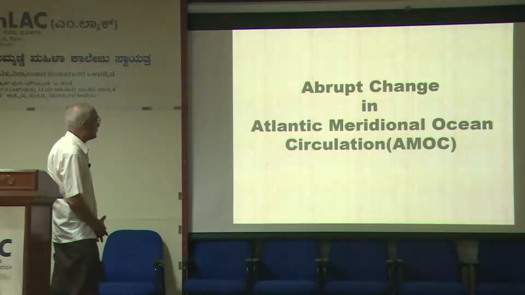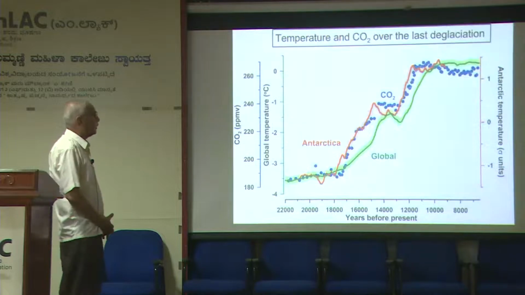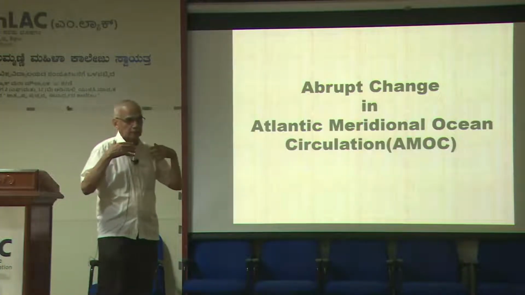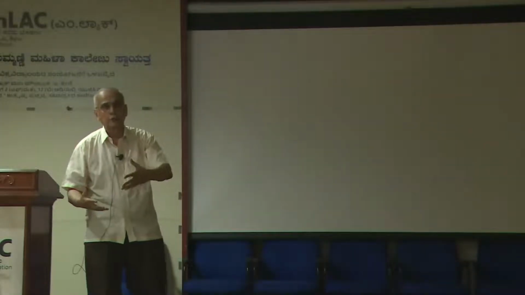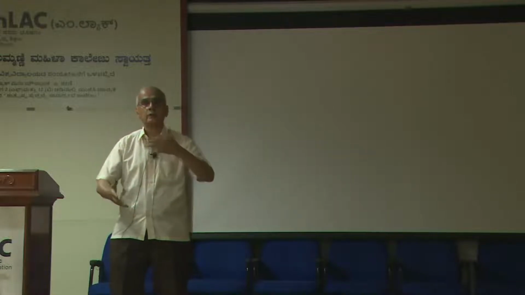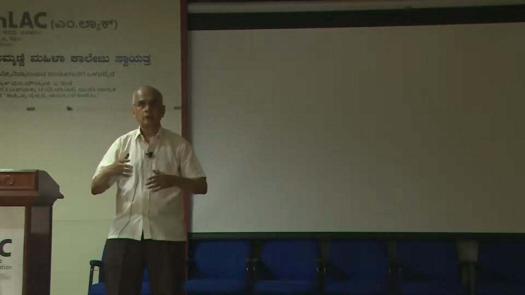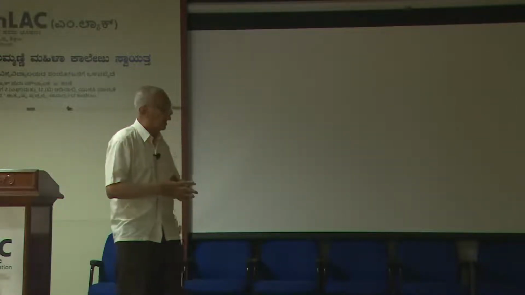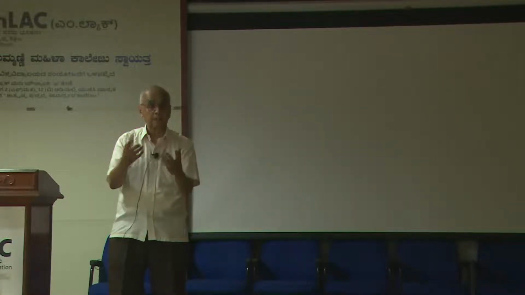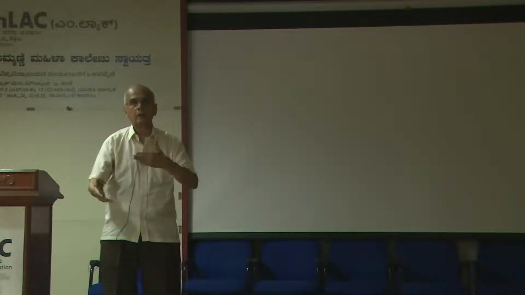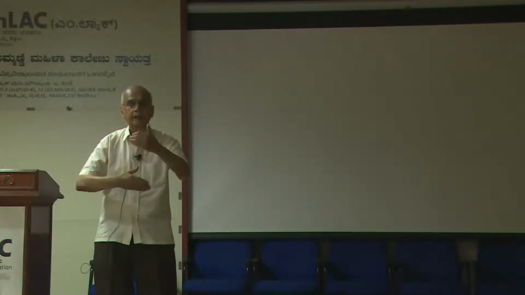Okay, next. Now one more fear we have is that as the ice melts in Greenland and other places and falls into the ocean, it will alter the ocean's salinity. Okay? Ocean has a certain amount of salt, and if ice falls in there, its density will change. The ocean will stop circulating.